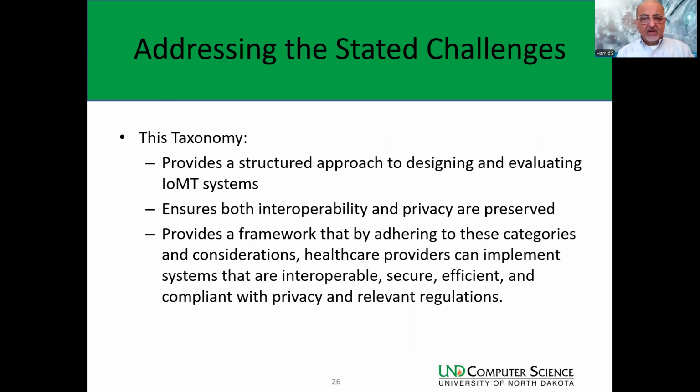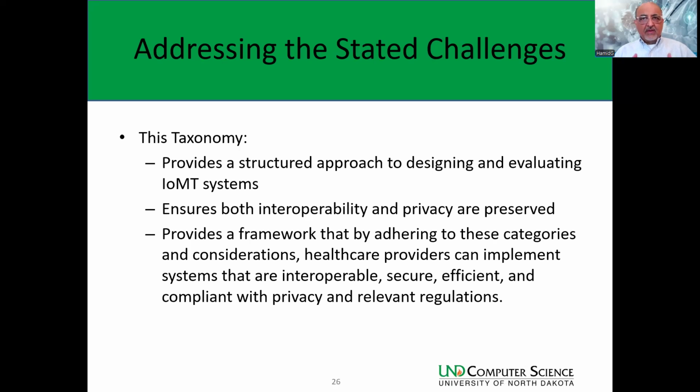This taxonomy provides a structured way to design and evaluate these devices and systems, ensure interoperability and privacy, and provide a framework that, if the devices and systems adhere to it, then you are guaranteed that if implementing such a system, it would be interoperable, secure, efficient, and compliant with privacy and relevant regulations.